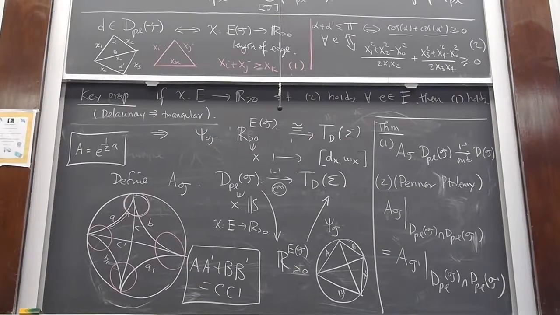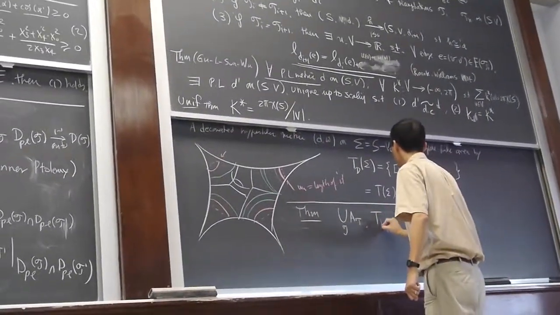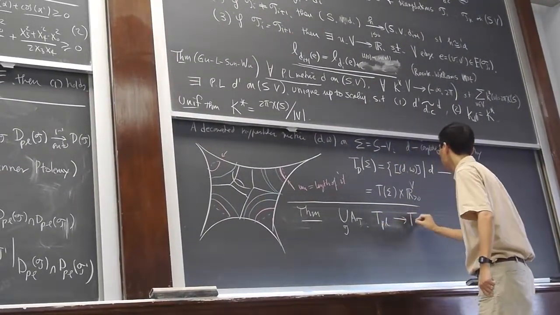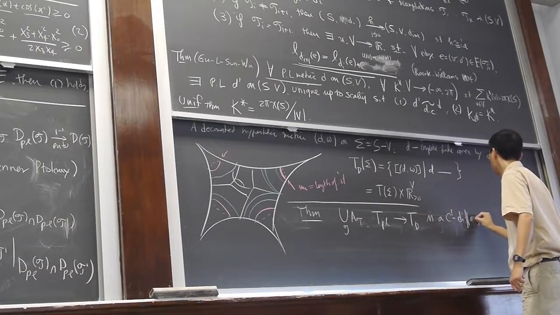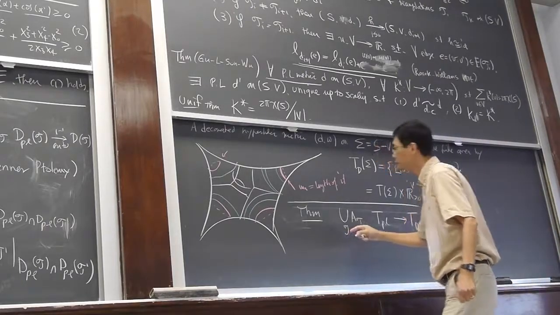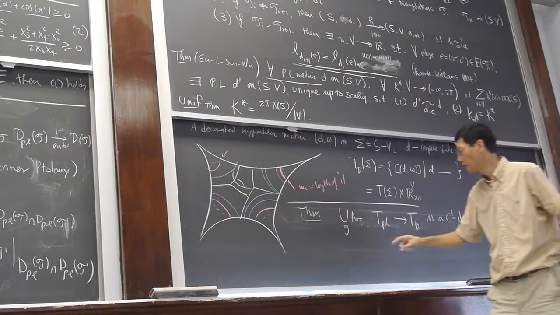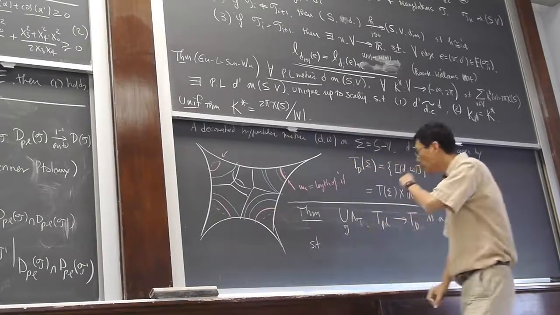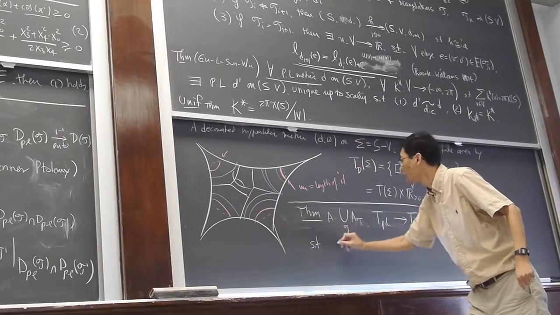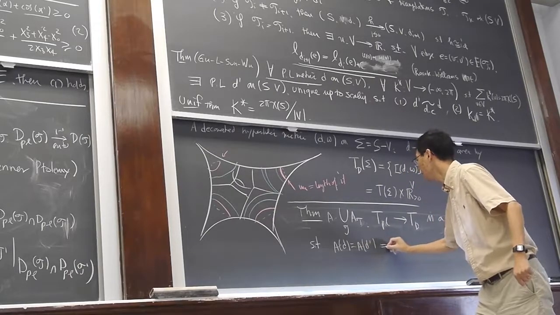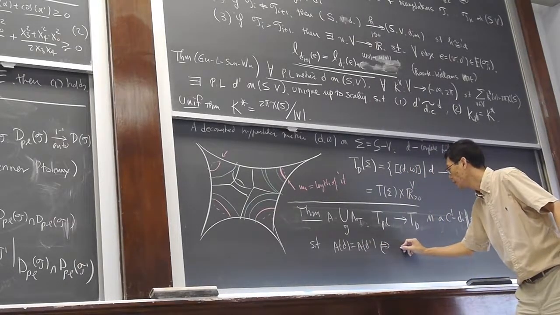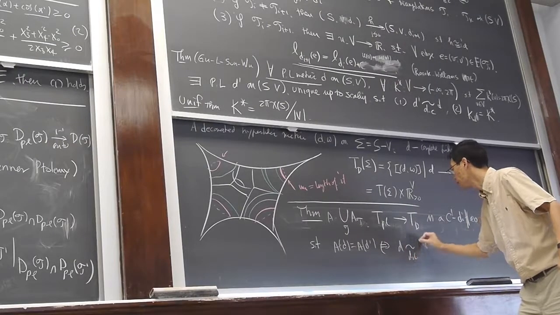And so the theorem is that this map from the PL hyperbolic space to the decorated space is a C1 diffeomorphism such that it sends the decorated cell to decorated cell, such that A of D equals A of D prime if and only if D is discrete conformal to D prime.